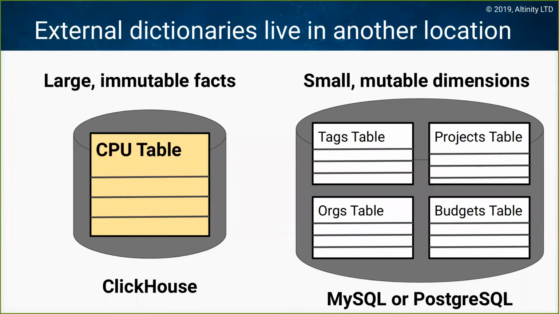Sometimes it's just easier to stick them in a database like MySQL or Postgres, where you can easily update them, and ClickHouse is perfectly happy to fetch the dictionaries out of those locations. So this is a very common pattern for how to build systems that have large fact tables with mutable dimensions.